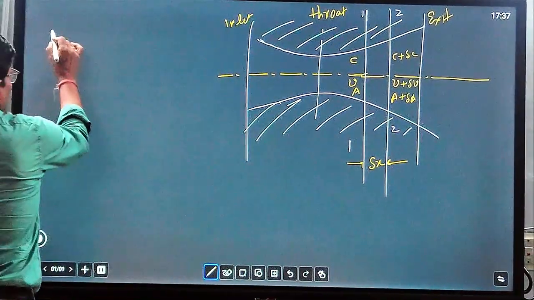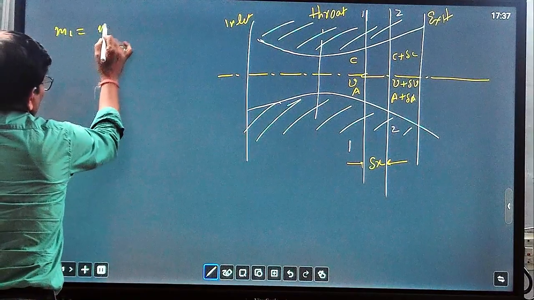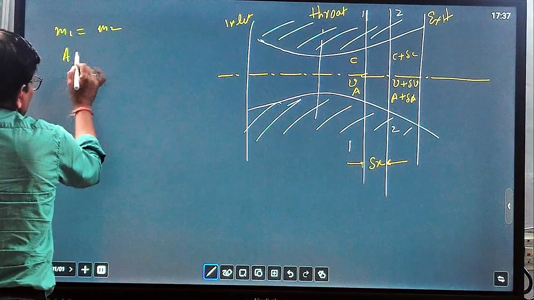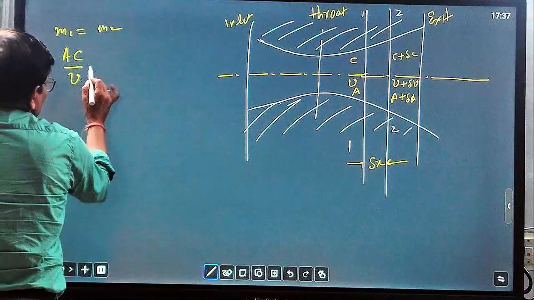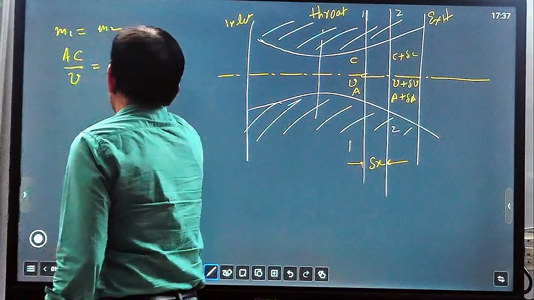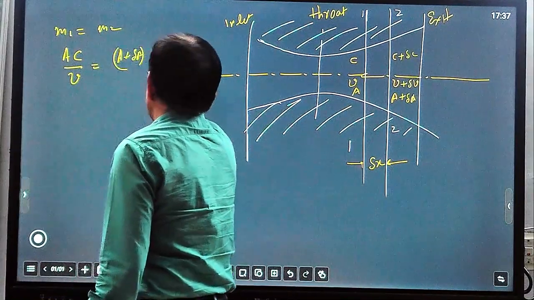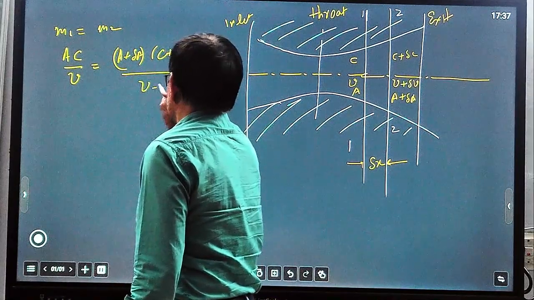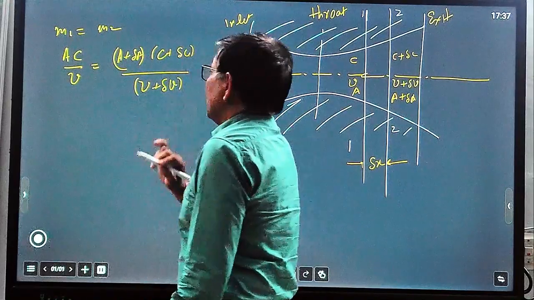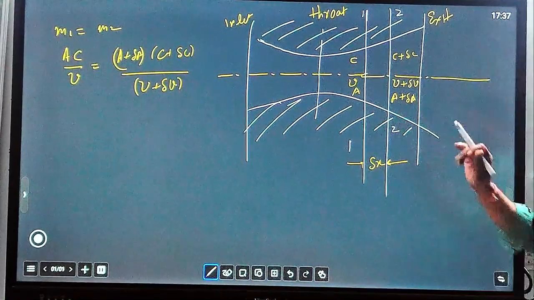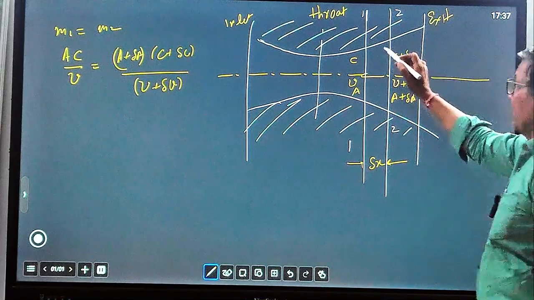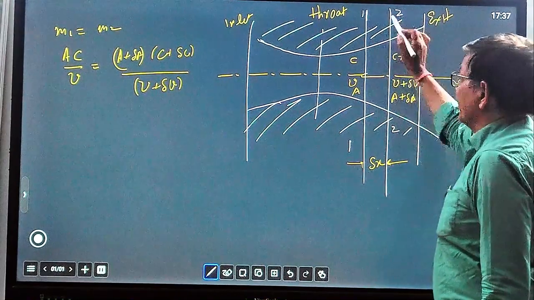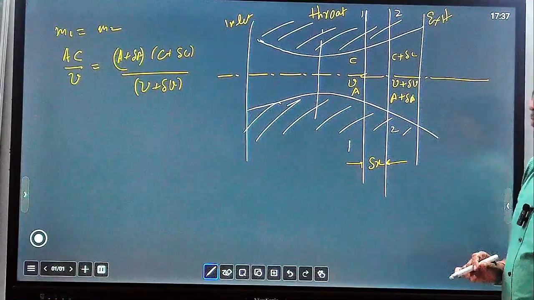So m1 will equal m2. So AC upon v equals (A plus del A)(C plus del C) upon (v plus del v). Simply, we have taken cross sections 1 and 2 and applied the continuity equation.